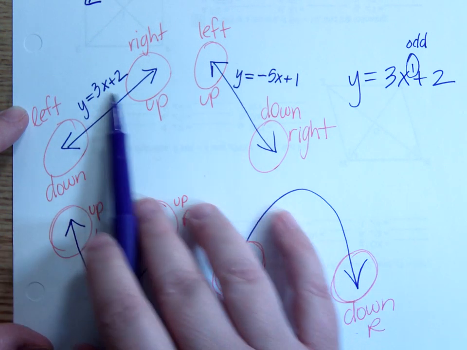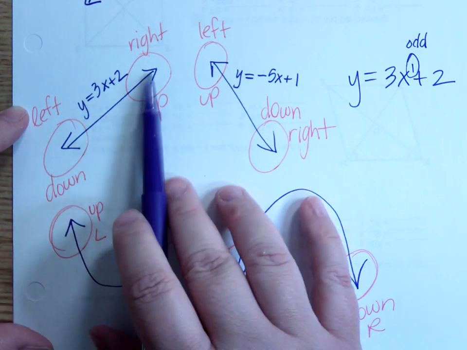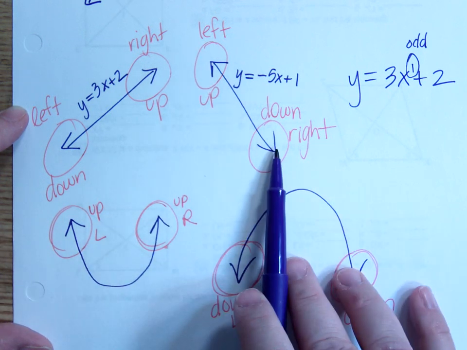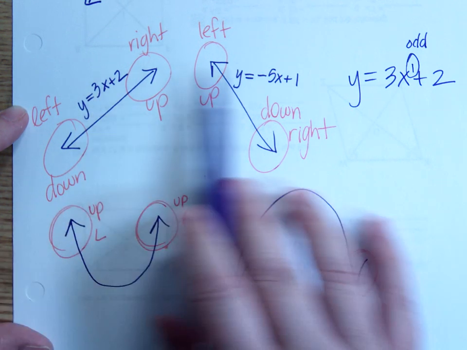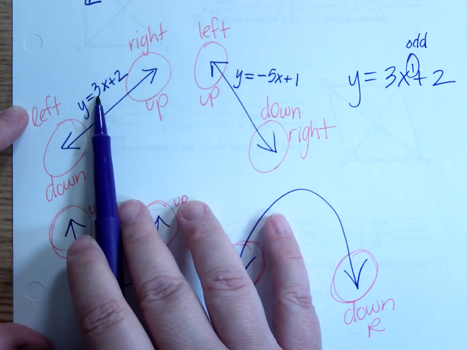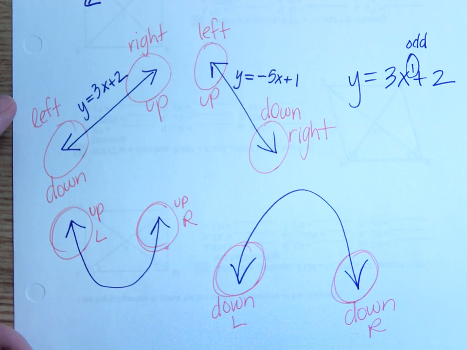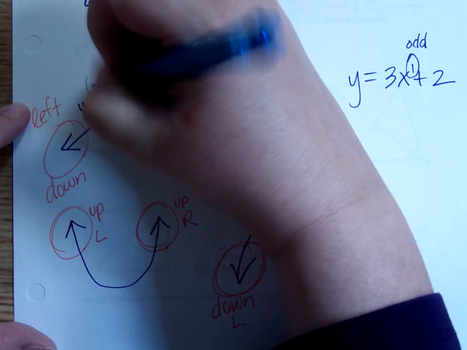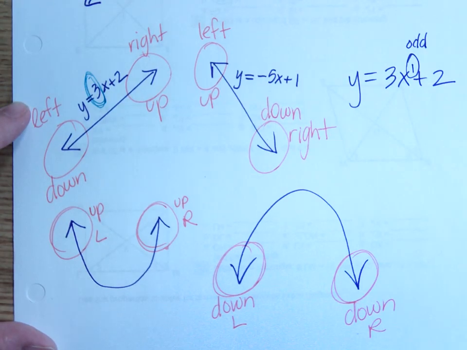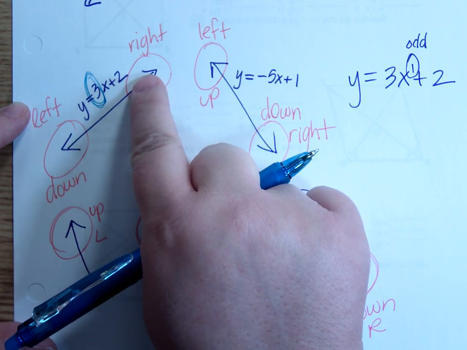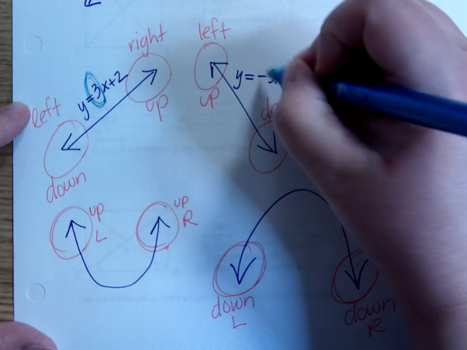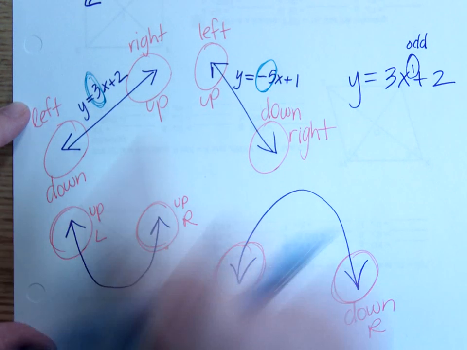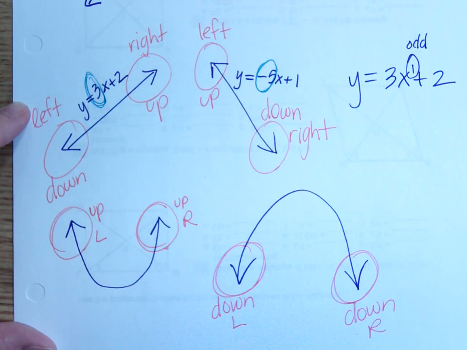So just like a line, it's either going to be down on the left and up on the right, or up on the left and down on the right. Just like a line, the thing that makes the difference is the sign of the leading coefficient. If your leading coefficient is a positive number, it's down on the left, up on the right. If your leading coefficient is a negative number, it's up on the left, down on the right.